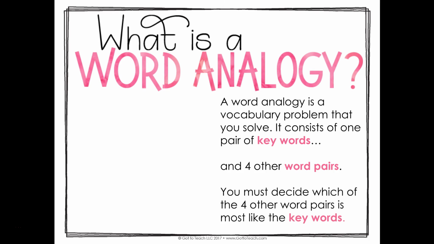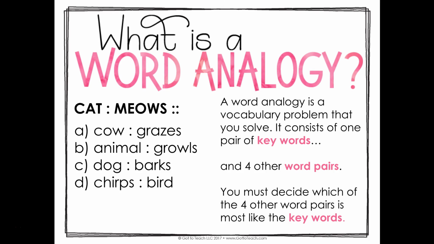And then you have to decide which of the 4 other word pairs is most like the key words. For example, we have cat, meows, and 4 options. Is it like cow and grazes? Is it like animal and growls? Is it like dog and barks? Or is it like chirps and bird?